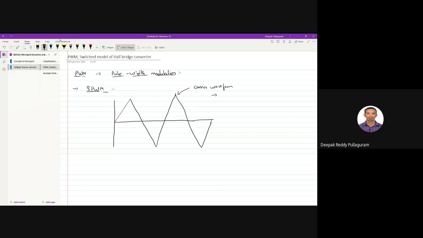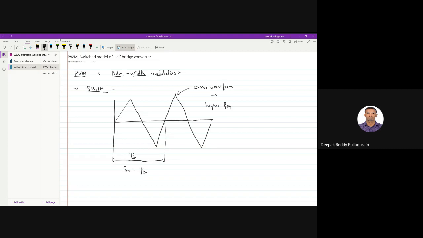Whatever frequency you select for this carrier waveform, at that frequency you generate your pulses. If the time period is Ts, the switching frequency Fsw will be 1 by Ts. This carrier wave has a higher frequency, usually somewhere around 5,000 hertz for a VSC, or 10,000 hertz also.